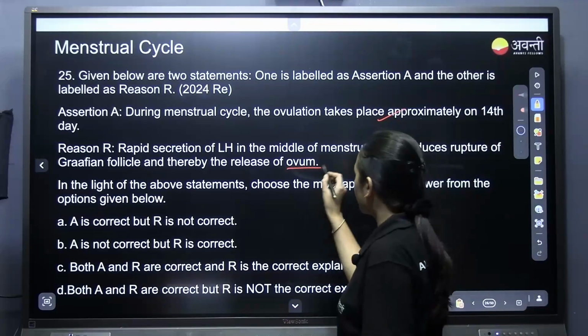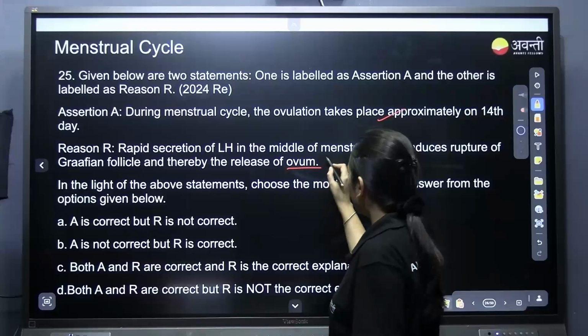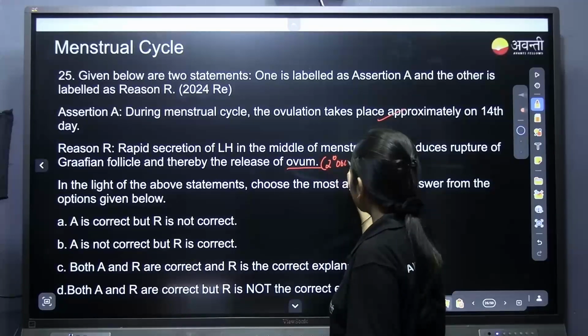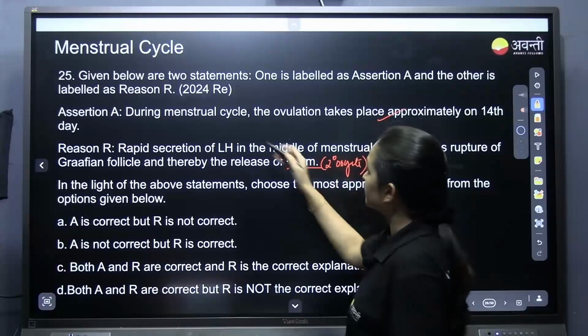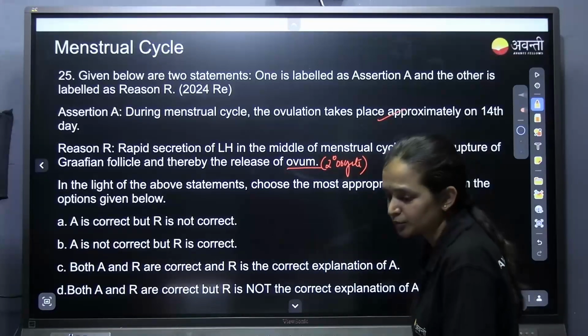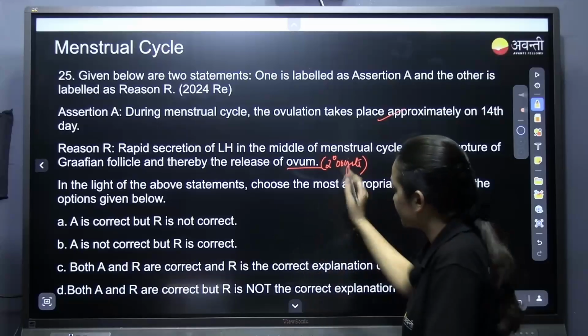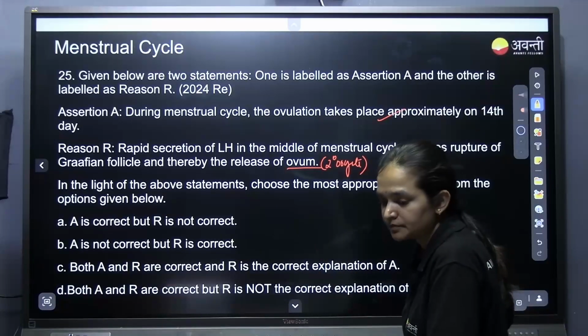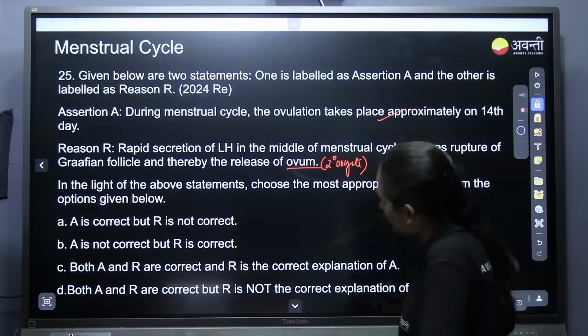You can write secondary oocyte. It is 2024 only, previously it is written as ovum in the textbook. Fine, but you know it is a secondary oocyte. Is it correct? Yes, it is correct.